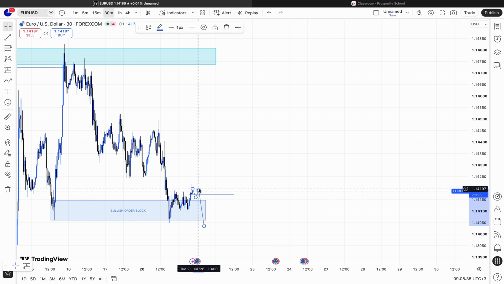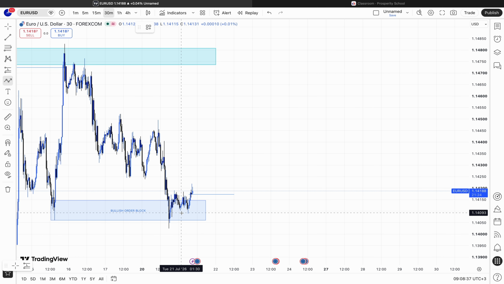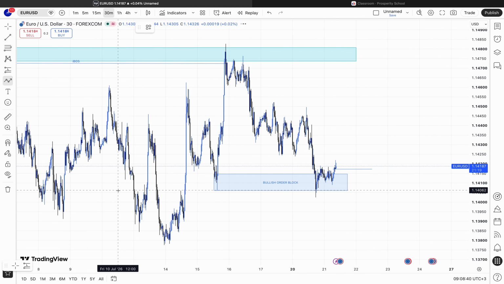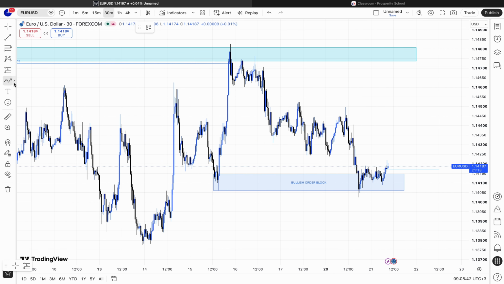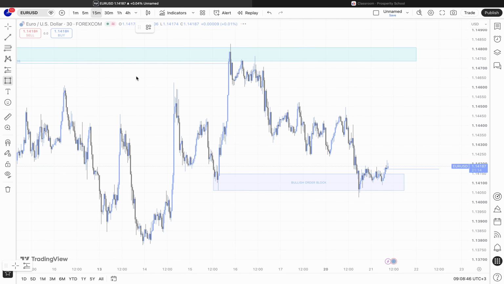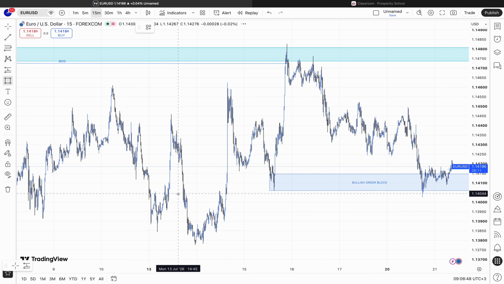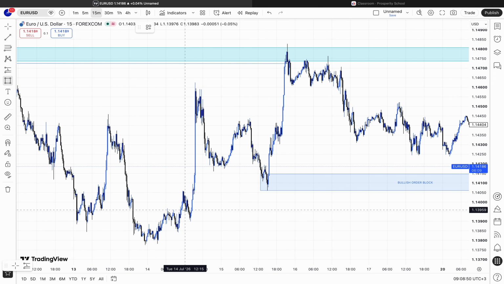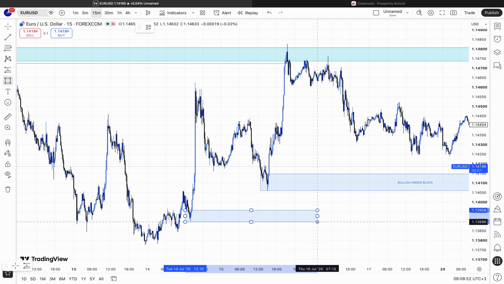But for my SMC strategy, I'm going to wait for the price to come a little bit lower, because from here we have another order block which is here. You can use that 15 minutes to see it. I have another order block just below here.